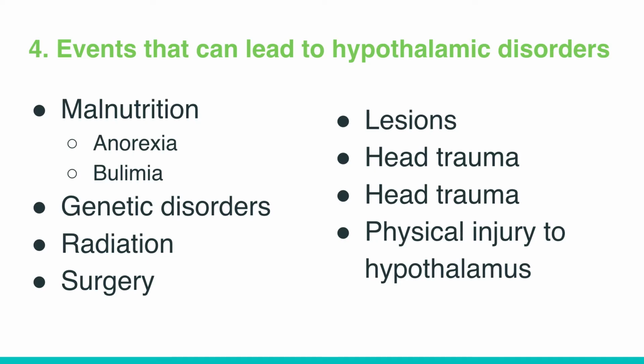So events that can lead to a hypothalamic disorder: malnutrition, examples are anorexia or bulimia, genetic disorders, radiation, surgery, lesions to the brain, head trauma, physical injury to the hypothalamus.